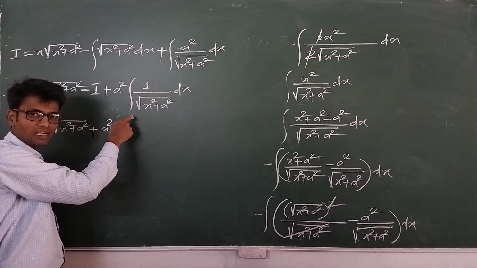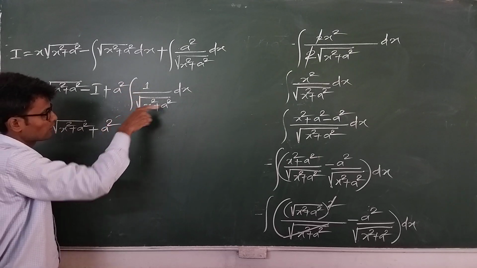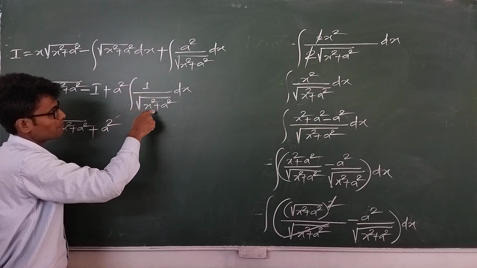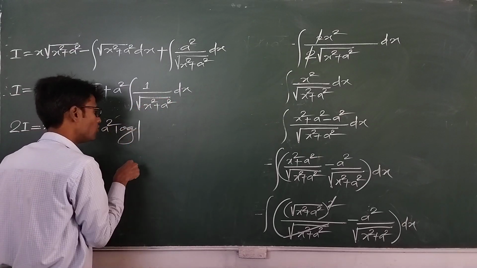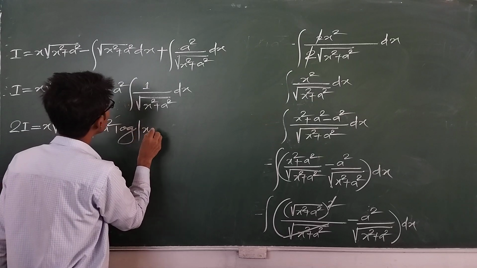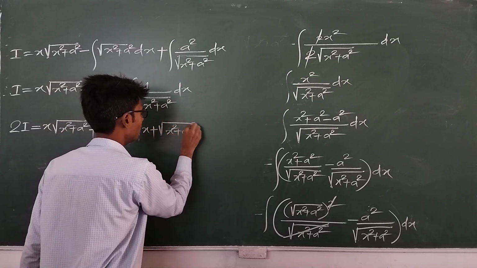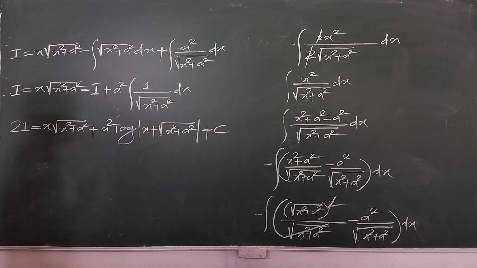You apply the formula of integrals of some particular type of functions. That is, integration of 1 divided by square root of x square plus a square into dx is log of mod x plus square root of x square plus a square, mod complete, and after that you write plus the integrating constant c.